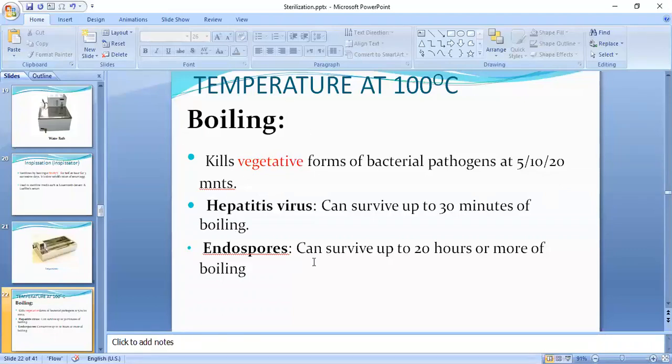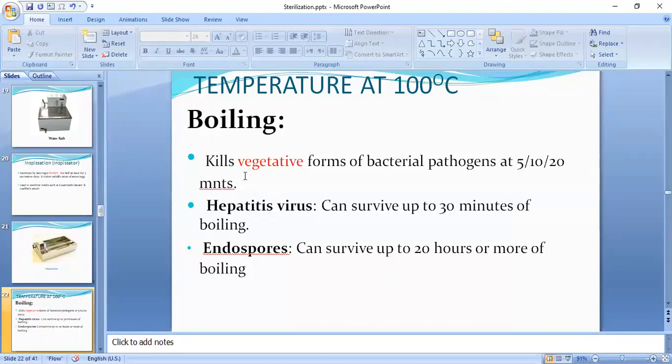And what happens? Some of the viruses are killed. The hepatitis viruses can still survive up to 30 minutes. So the viruses are not killed by boiling, and the spores are also not killed by boiling.